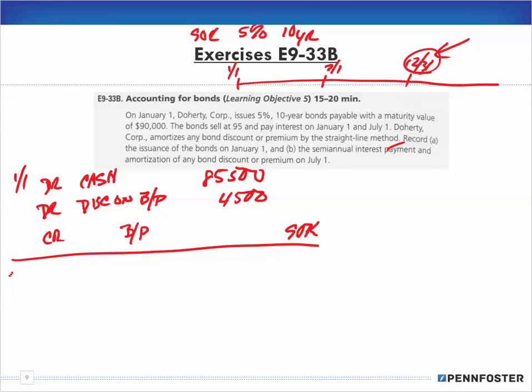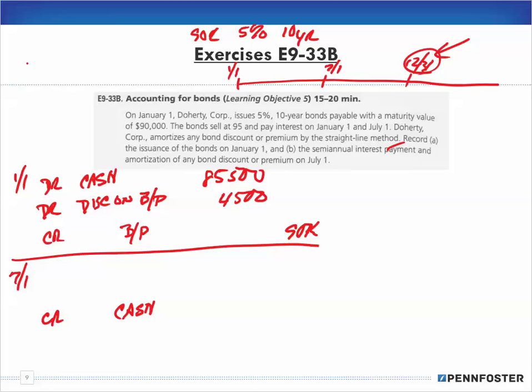So on July 1st, on 7/1, we have to calculate our interest. We're going to have to pay out the interest on it, so we're going to credit our cash. How much cash are we putting out?